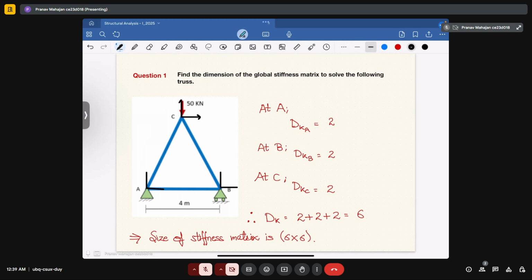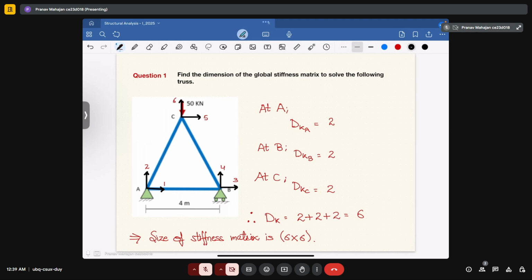Okay. So 1, 2, 3, 4, 5, 6 will give you 6 degrees of freedom in this structure, and that will tell you the size of matrix to be equal to 6 by 6.